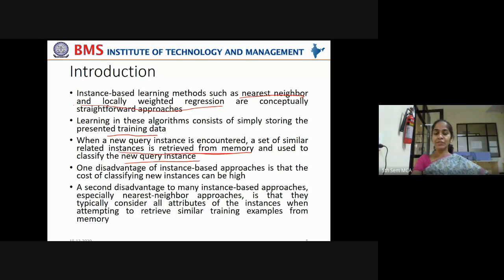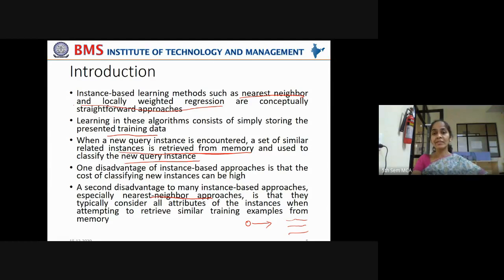And the second disadvantage of many instance-based approaches, especially nearest neighbor approaches, is that they typically consider all attributes of the instances when attempting to retrieve similar training examples from memory. So whenever you are given a new data point, it will be compared with all the attributes of the existing training examples. Now consider a data set where only some attributes play a very important role in the classification task, and other attributes are not that important.